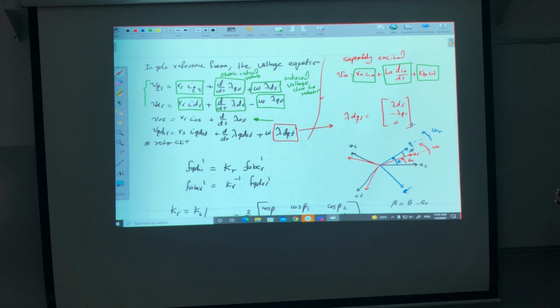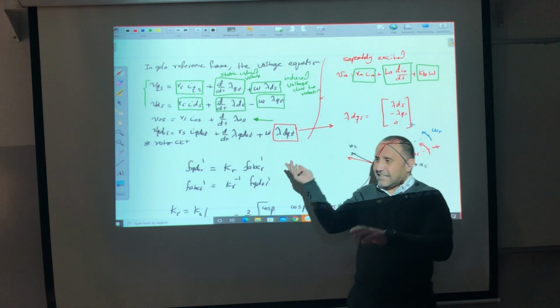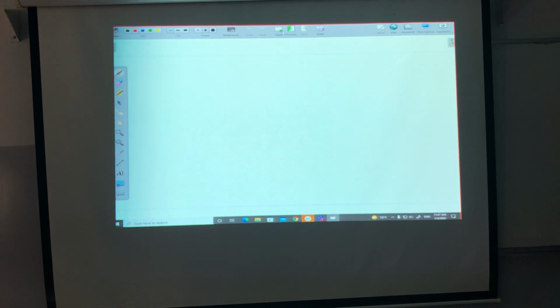So now I can write the equation in matrix format, and instead of writing three equations, I will write a single equation in matrix form. I need to respect the notation: this is the QD, here I say DQ, and I define it. Good. So now let's write the voltage equation for the induction machine in the arbitrary reference frame.